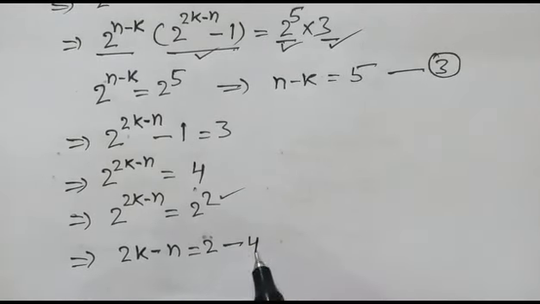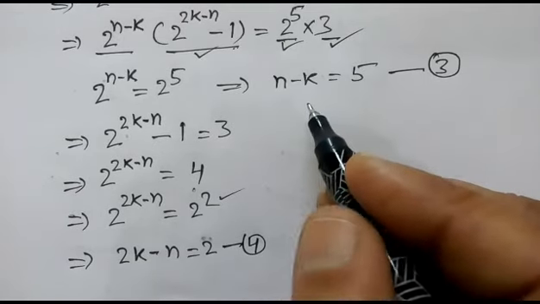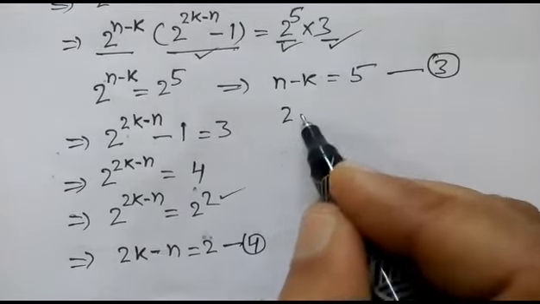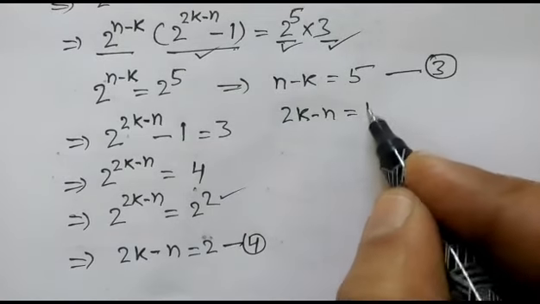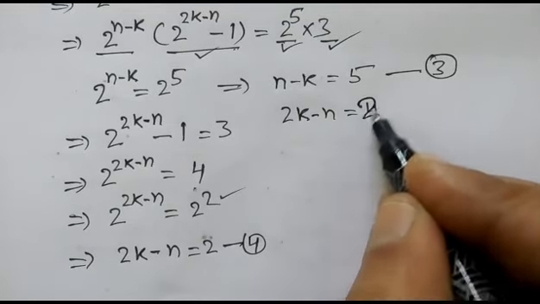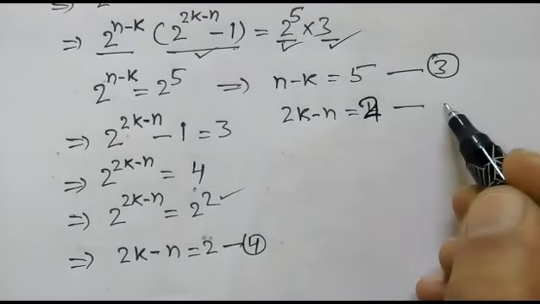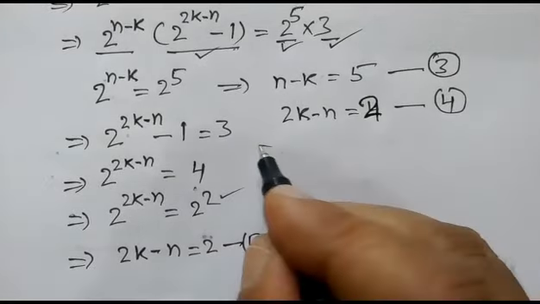If we say this is equation number 4. Now 2k minus n is equal to 2, equation number 4, right?